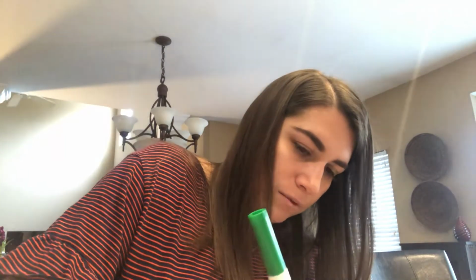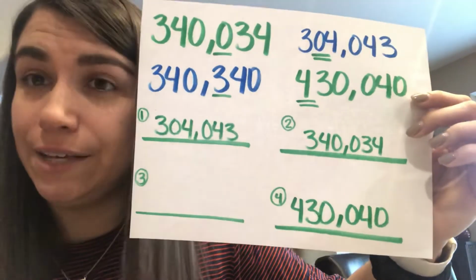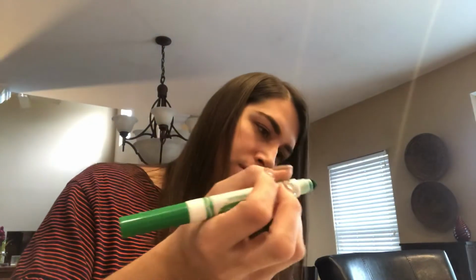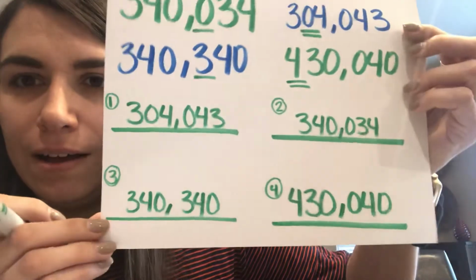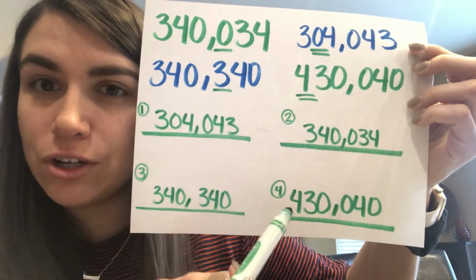So it's 340,034. And then that leaves us with our last one, 340,340. All right, and that's how they are in order from least to greatest.